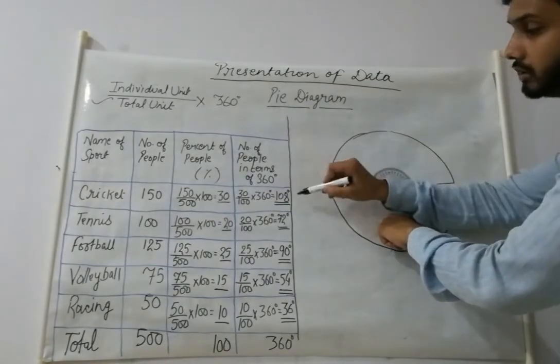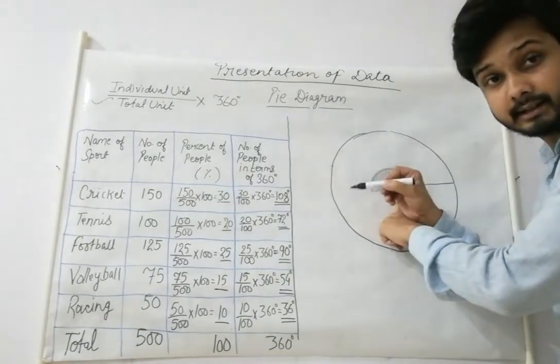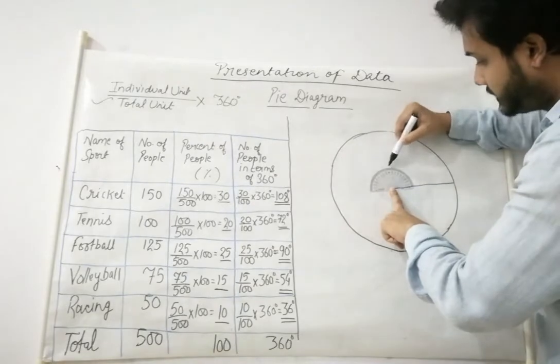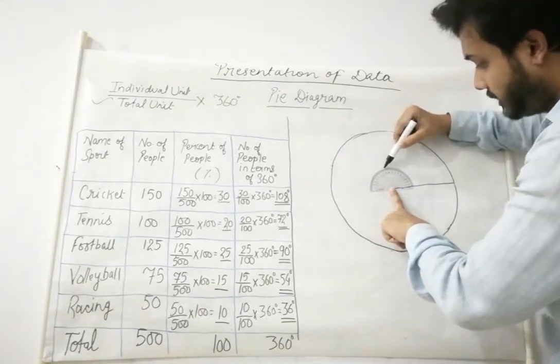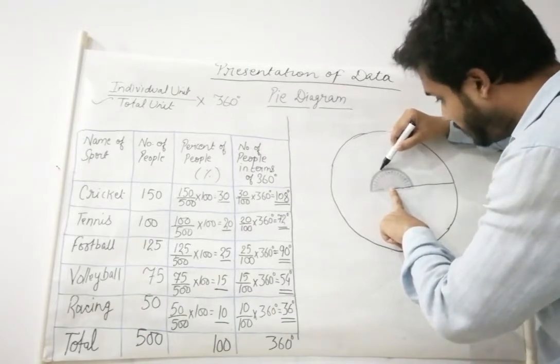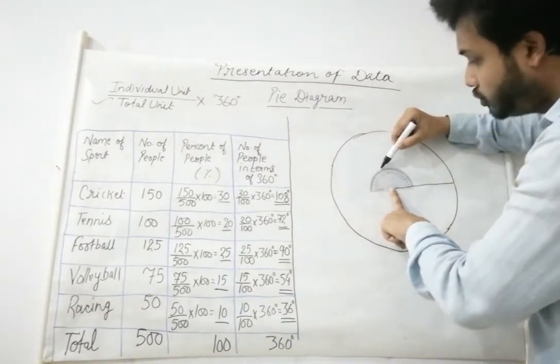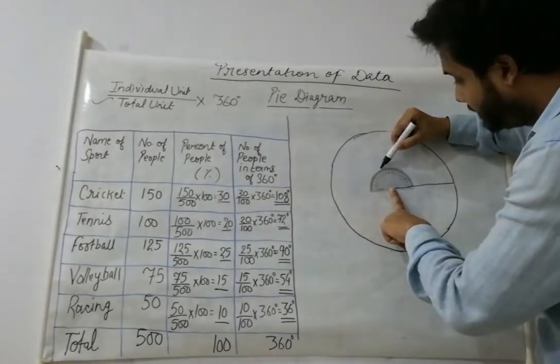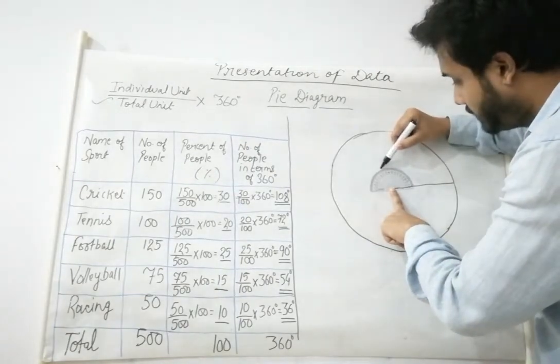Now we have to plot the first one, that is 108 degree. So in the protractor you will see here it is 90, then it is 100, then 110. So before 110 you will see two small lines, okay. So approximately 108 will come somewhat here.